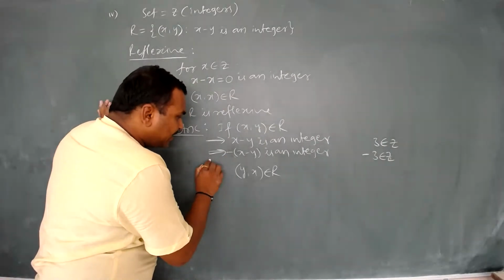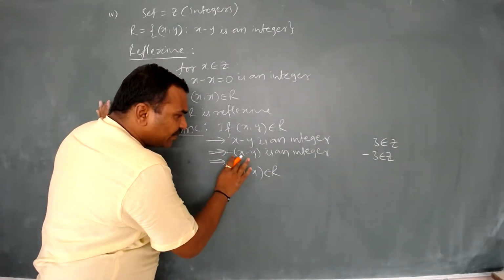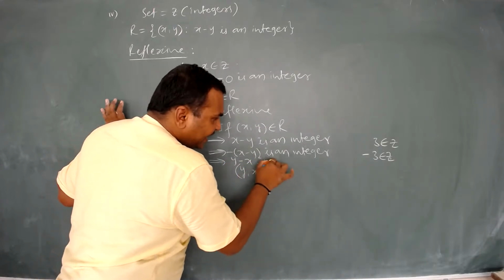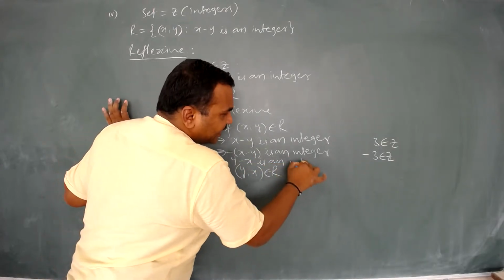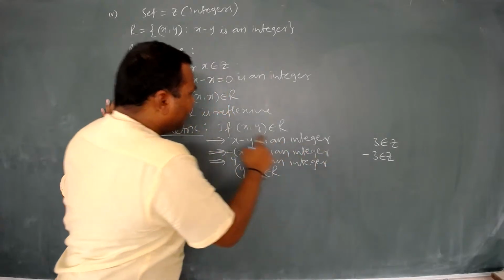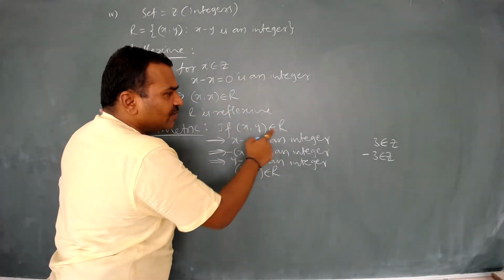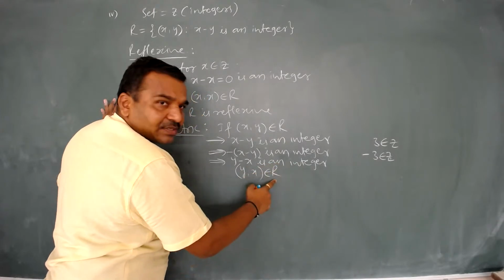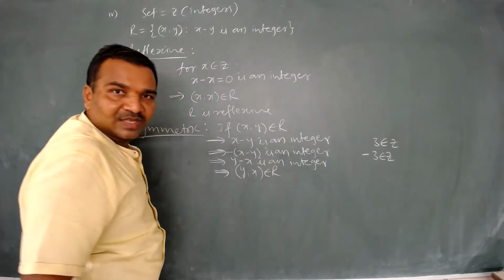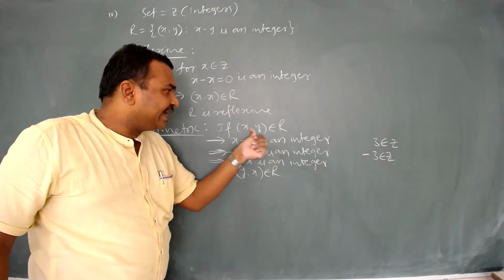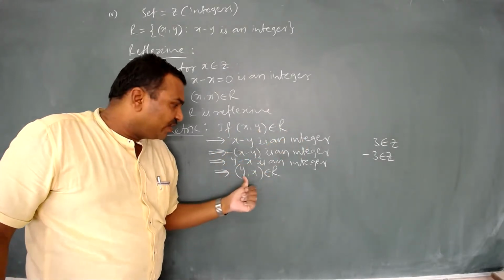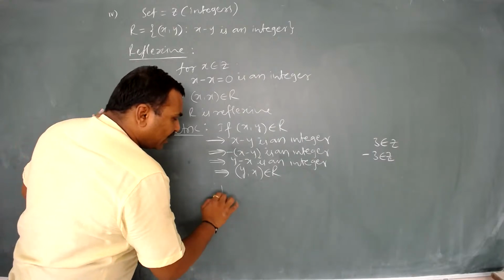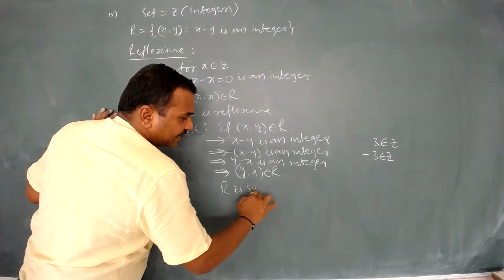Next, minus of x minus y is nothing but minus x plus y, or we can write y minus x is an integer. X minus y integer means x comma y belongs to R. Y minus x is an integer means y comma x belongs to R. First we took x comma y belongs to R; now we proved y comma x belongs to R. That's why R is symmetric.